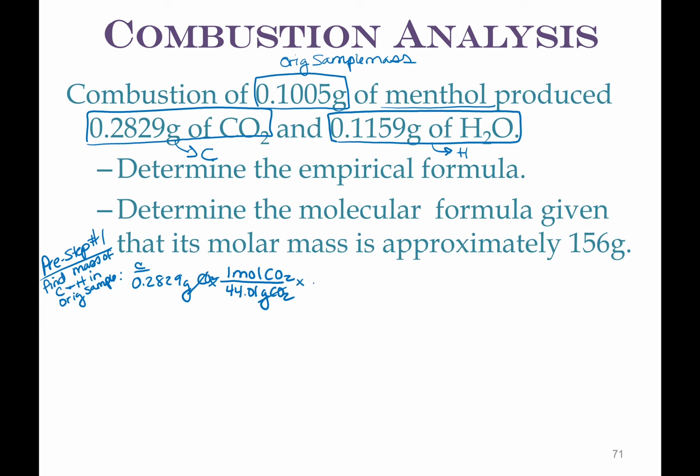We want to go to moles of carbon. 1 mole of CO2 yields 1 mole of carbon. So that will actually give us, we're going to take a look at this real quick. 0.2829 divided by 44.01 times 1 divided by 1 is, and I'm going to change this to purple because this is going to be our step 1 later, 0.006428.